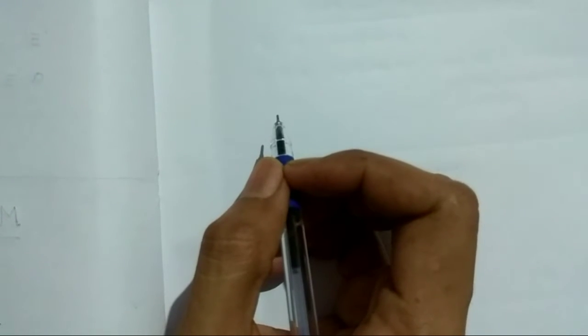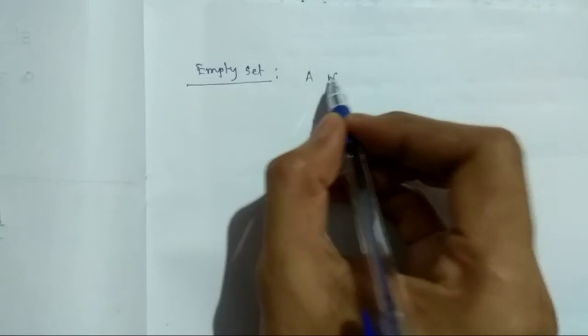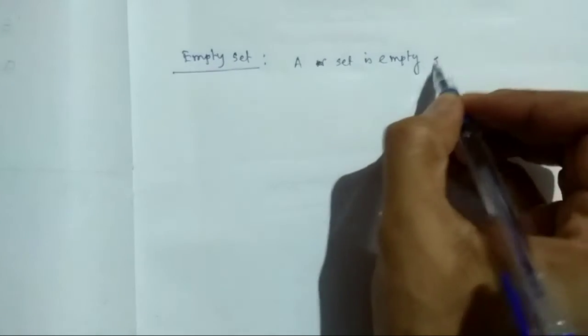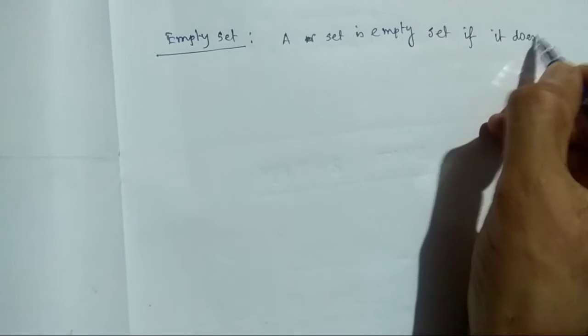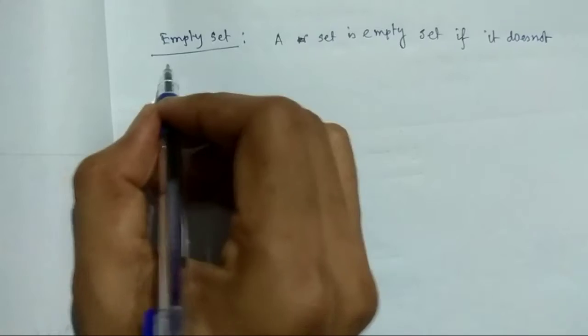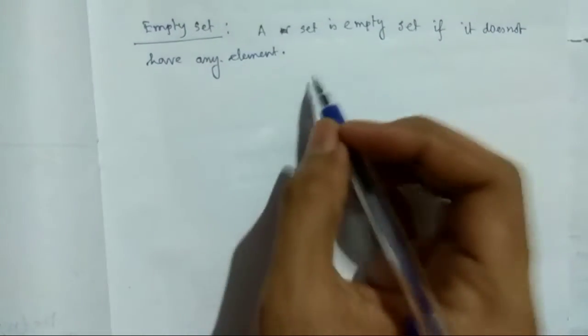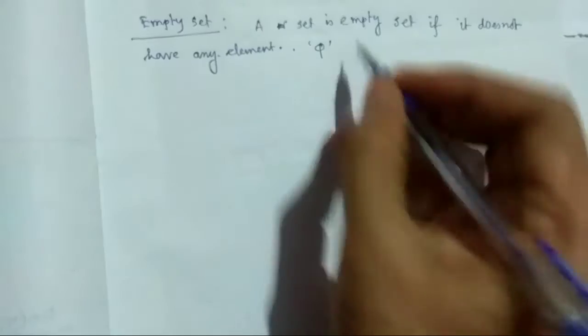Now we define an empty set. A set is called an empty set if it doesn't have any element, and every empty set is denoted by phi.